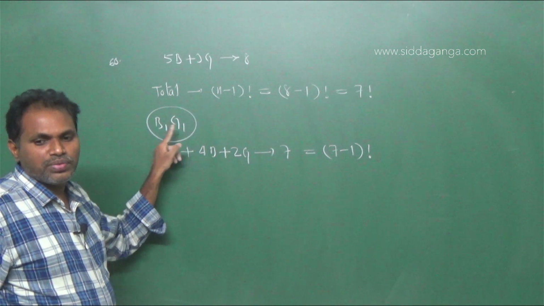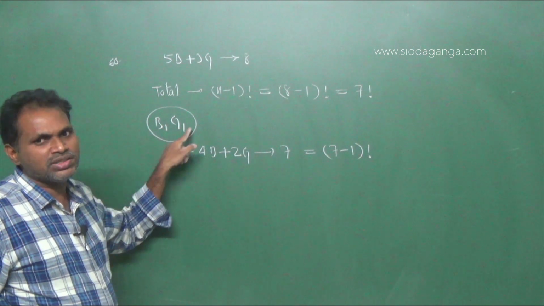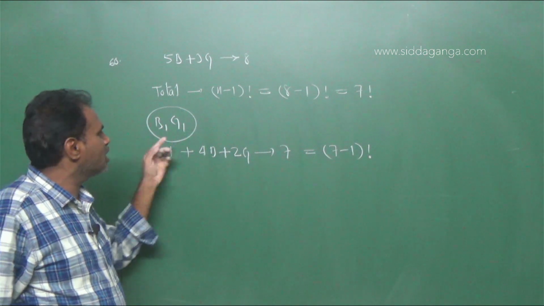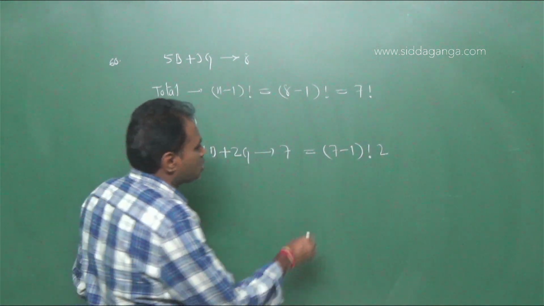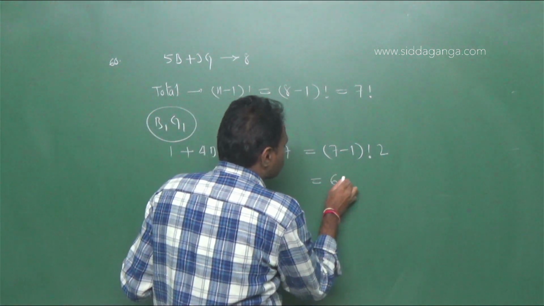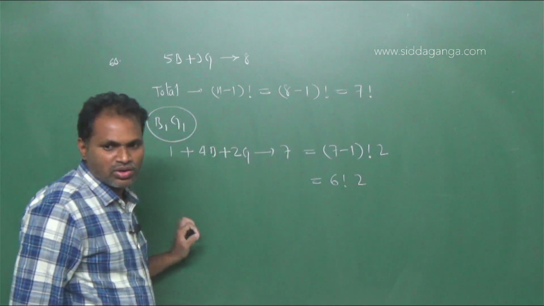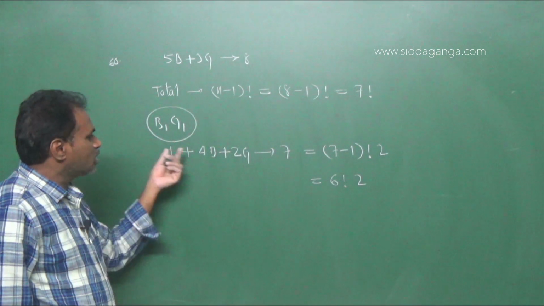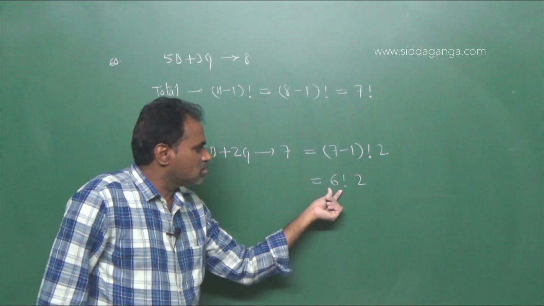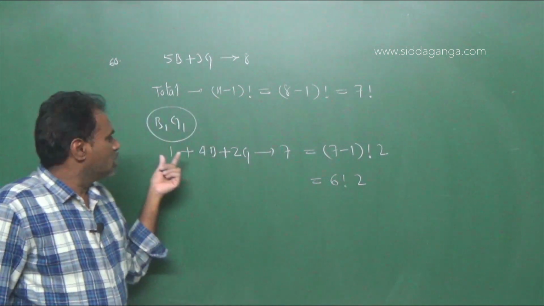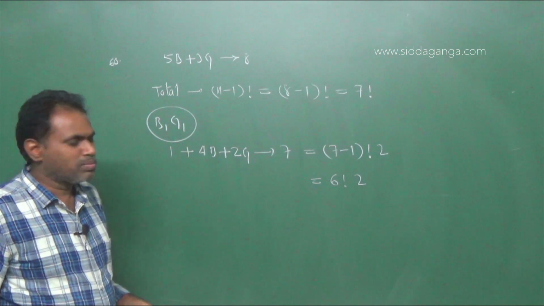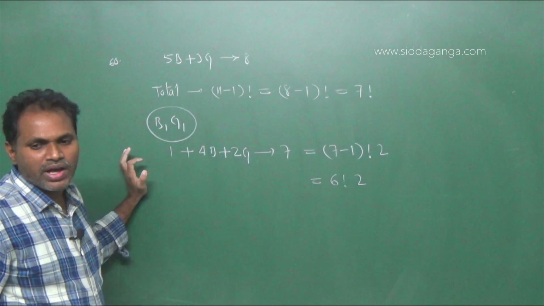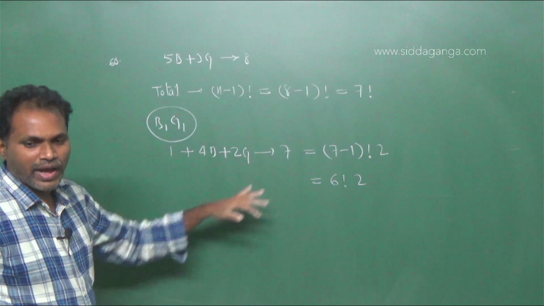Therefore, these two can be arranged in 2 ways. So it is equal to 6 factorial into 2. This is the value if a particular boy and girl sit adjacent.